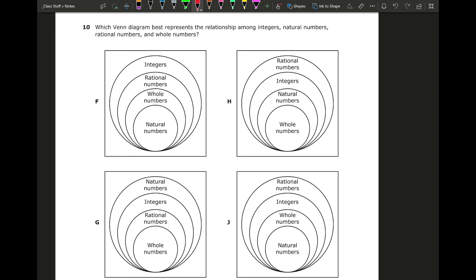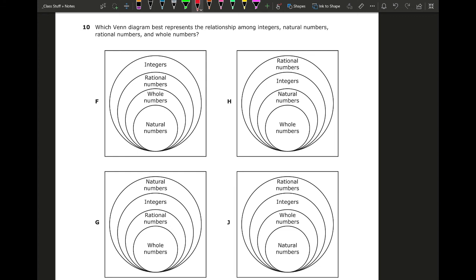And I know that the first numbers that we have are the natural numbers. Natural numbers are just your counting numbers: 1, 2, 3, 4, 5, 6, 7, 8, 9, 10, keep on going to positive infinity. And then we have whole numbers, which are the same, but you also include the 0.